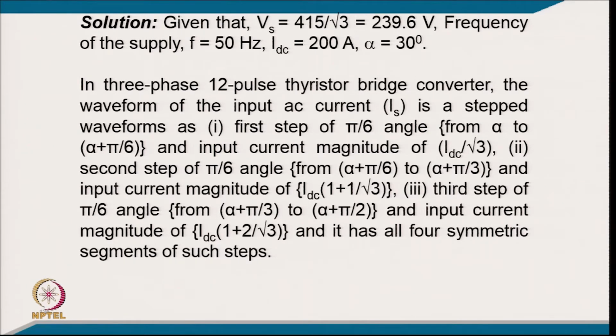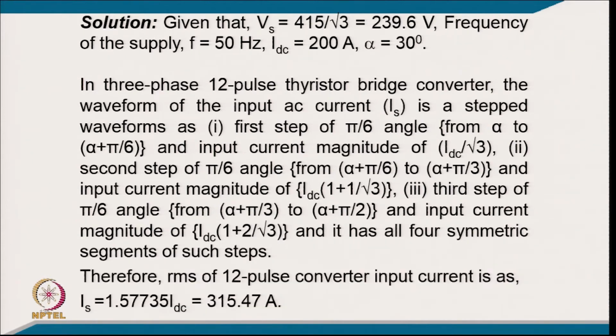The first step is of pi by 6 angle from alpha to pi by 6 and input current magnitude IDC by root 3, and the second step is of pi by 6 angle from alpha plus pi by 6 to alpha plus pi by 3 and input current magnitude of IDC in bracket 1 plus 1 by root 3, and the third step of pi by 6 angle from alpha plus pi by 3 to alpha plus pi by 2, and the input current magnitude of IDC in bracket 1 plus 2 by root 3, and it has all 4 symmetrical segments of such types.